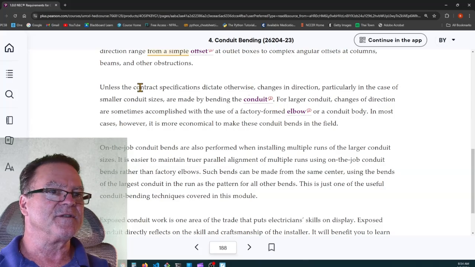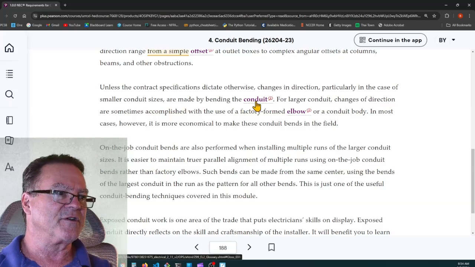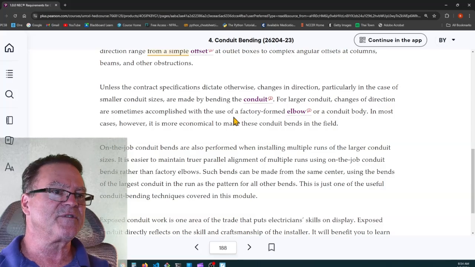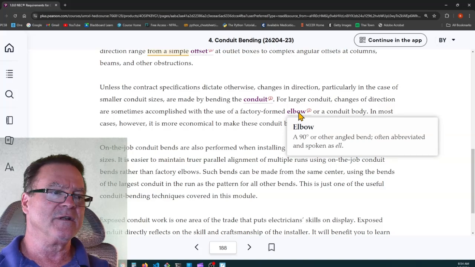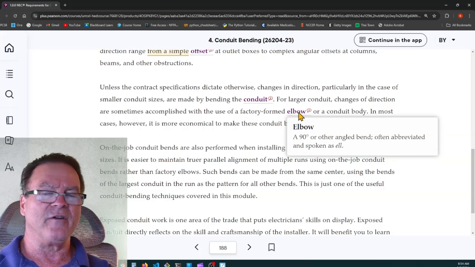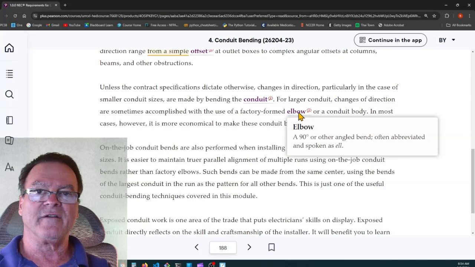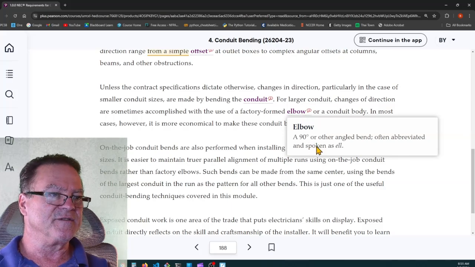It says, unless the contract specifications dictate otherwise, changes in direction, particularly in the case of small conduit sizes, are made by bending the conduit. For larger conduit, changes of direction are sometimes accomplished with the use of a factory-formed elbow. So if you don't have a 4-inch rigid bender, and some contractors don't, they have up to 2-inch, if you're running 4-inch, you just buy 90s and 45s.